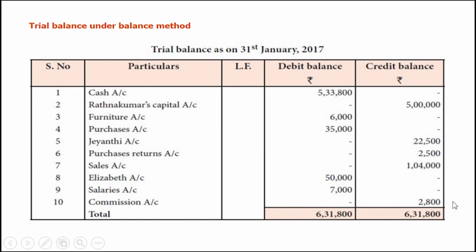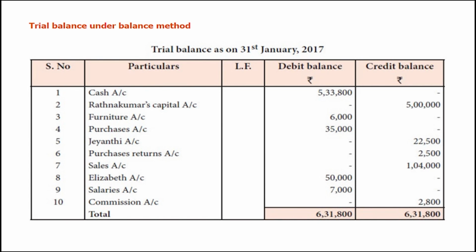So we have only balances here, and when we write down all the accounts and their respective balances, we total these two sides. Every time these sides should tally, or we should have the same total. Here total is 6,31,800. Whenever this total is not tallying or there is some discrepancy, it means some error is there, either in journalizing or posting or carrying amount to the trial balance.